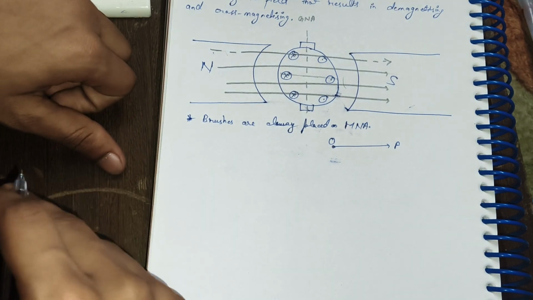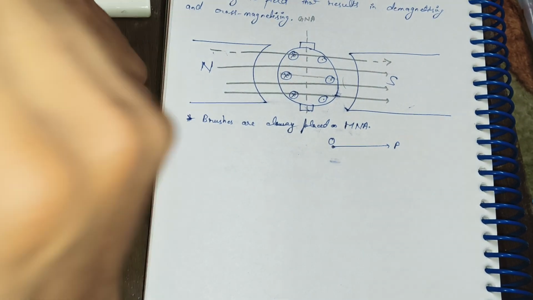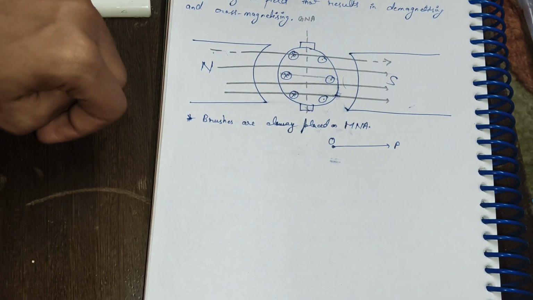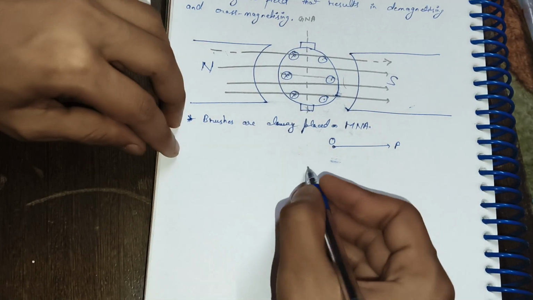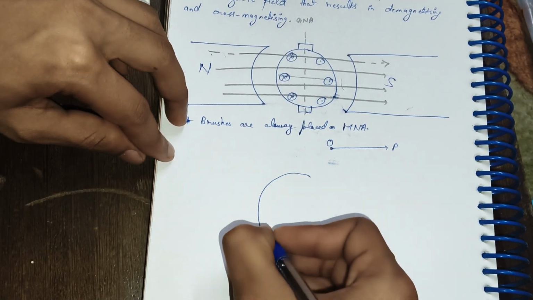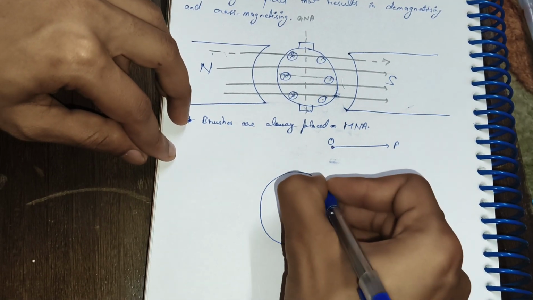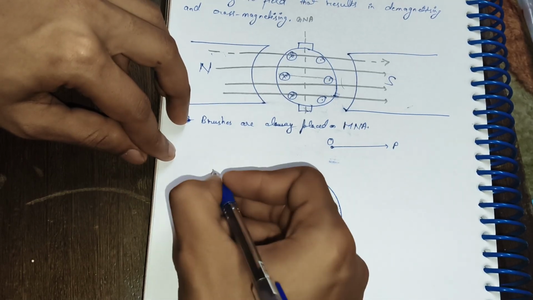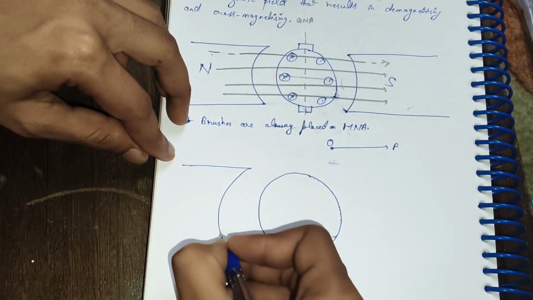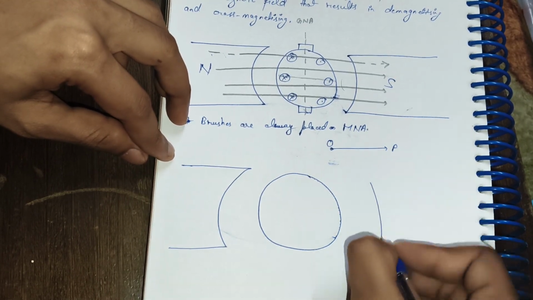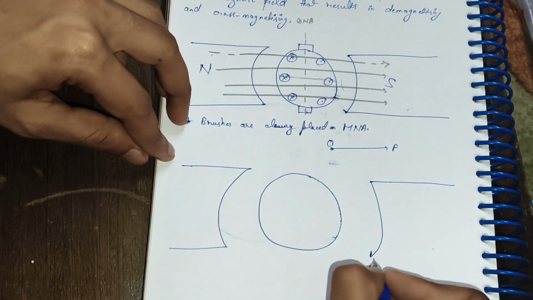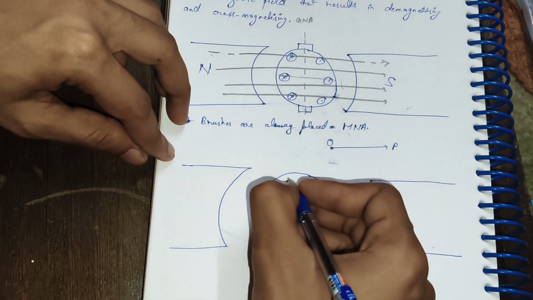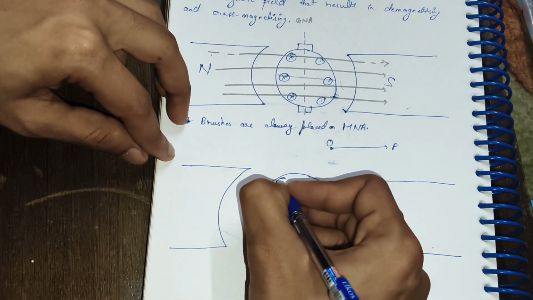Now when we connect supply to the rotor or armature, the armature starts to develop its own magnetic field.